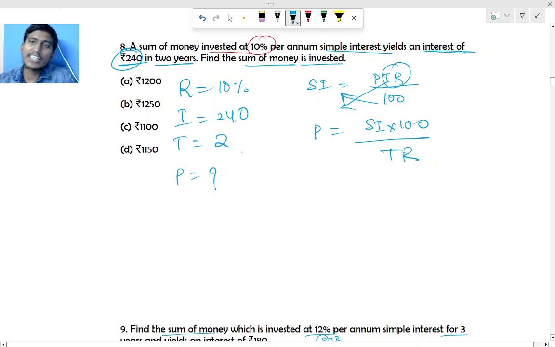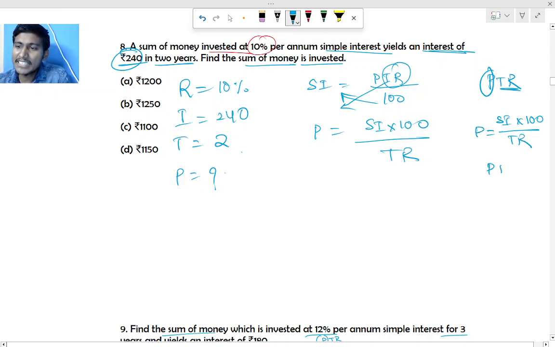So how to find this formula? See here, PTR is there. If you want to find P, you have to divide with TR. Simple interest into 100 divided by TR. If it is PTR and you want to find T, T is equal to simple interest into 100 divided by what is remaining, PR.